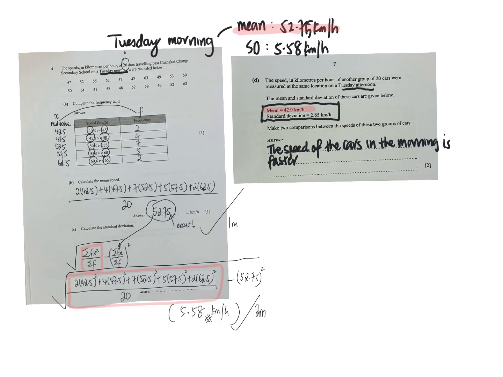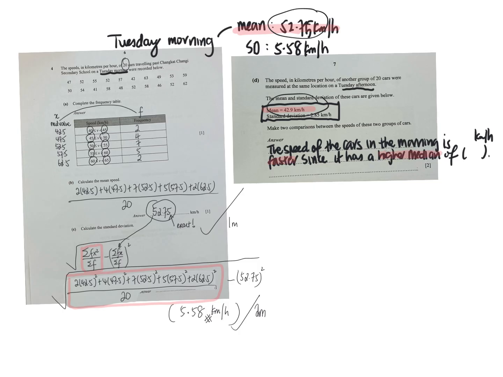So you must tell me, since it has a higher median, of how much. So you can take the difference between these two and then tell me how much kilometer per hour. So I need to see the word faster and higher median.